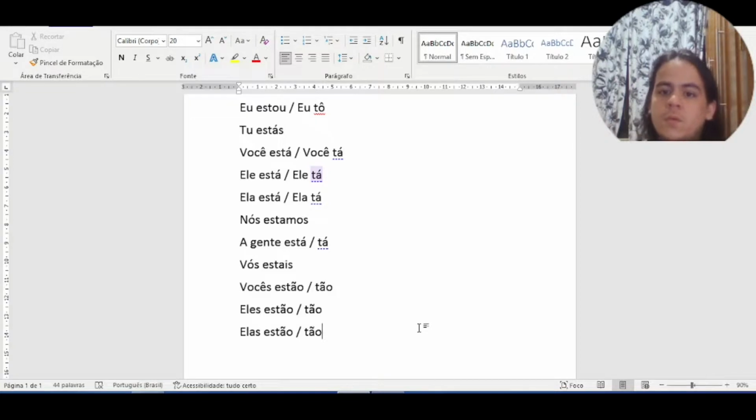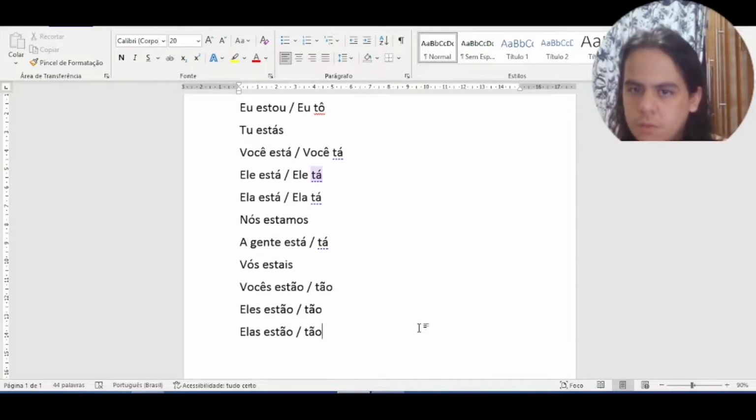So when you're writing something formal, you use the full verb: eu estou, ele está, você está. But when you are speaking informally, you can use this alternative form: eu tô, você tá, ele tá, eles tão.